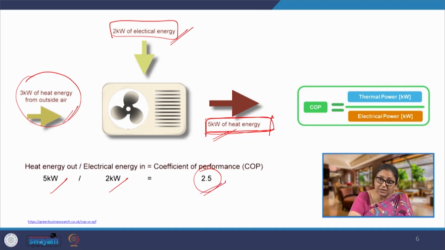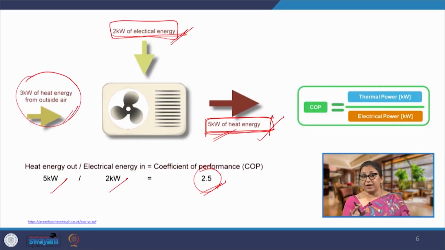Now, if any of these three is given, we can calculate how much is the total work done, or what is the COP, or if COP is given and the total work to be done is given, we will know how much of the energy is going to be consumed.